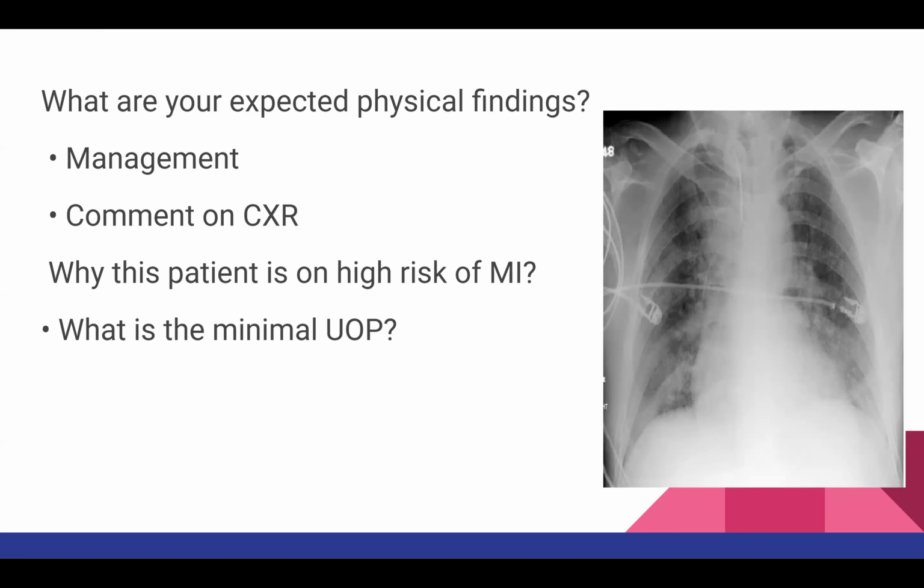Then on auscultation, you can find bilateral crackles in the lung fields. There will be raised JVP, and very importantly, there will be pitting edema on the face and the legs. The patient can also present with confusion. So you have to keep these 2 or 3 things in mind. They are very important physical findings.